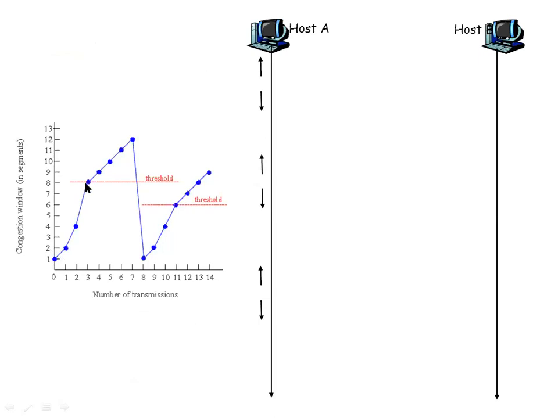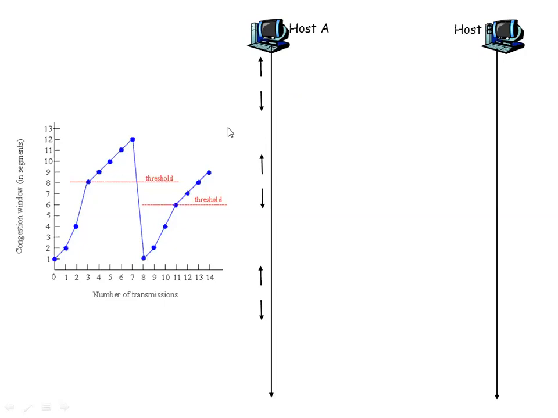Now when the threshold is reached, it is increasing only by 1, so it is additive increase. So the rate of increase in the window size has been reduced. Now this will continue until there is congestion detected by the sender. Now after that, once the congestion is detected, the window size may be reduced to 1 again, or it can be reduced to some other value that we will see later on.